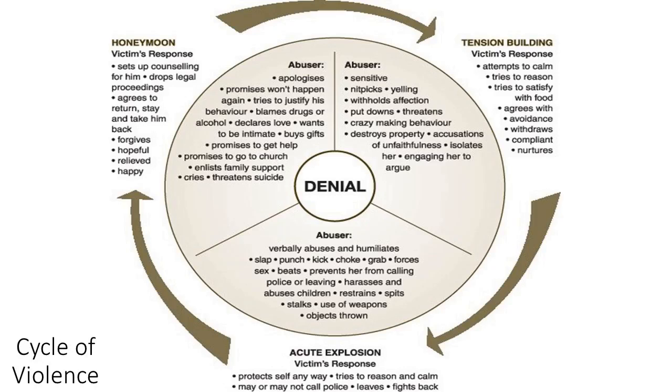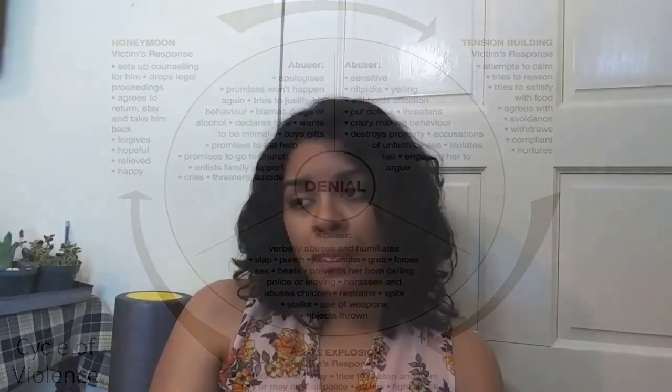The victim may hold on to the kindness that the abuser showed in the honeymoon stage and therefore minimize the magnitude of the abuse that happened in the acute explosion, because things calm down.